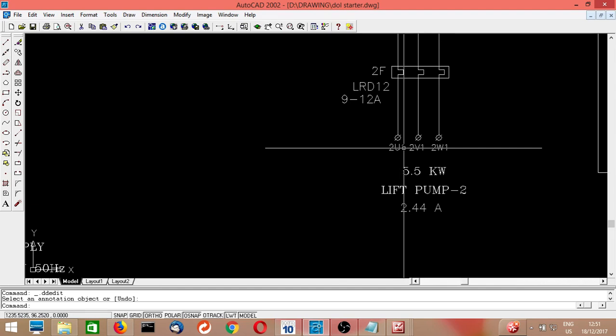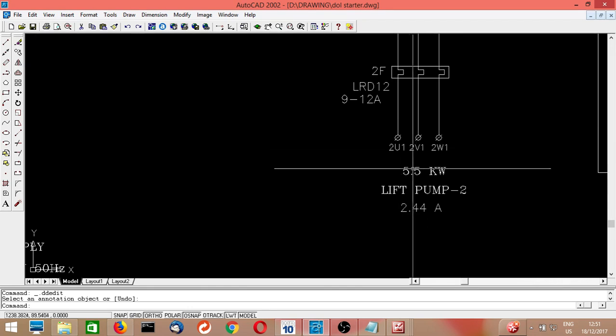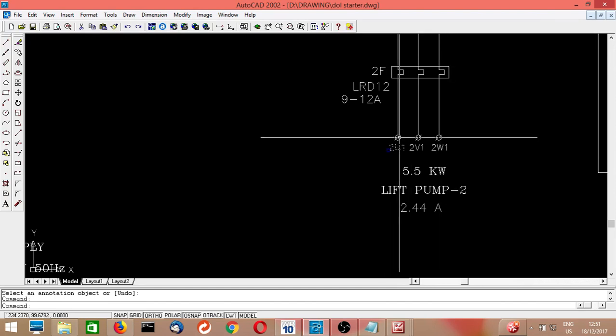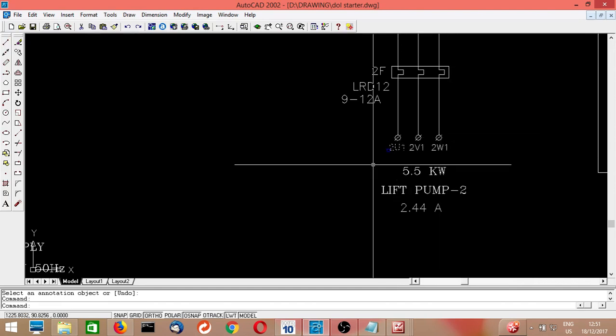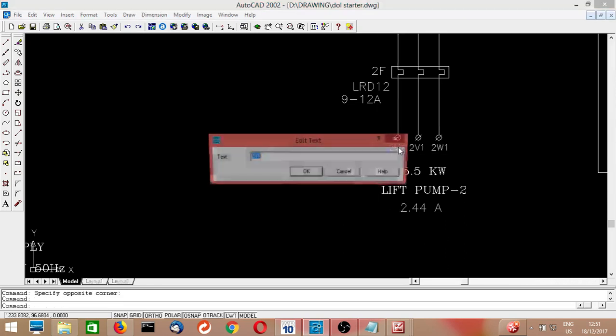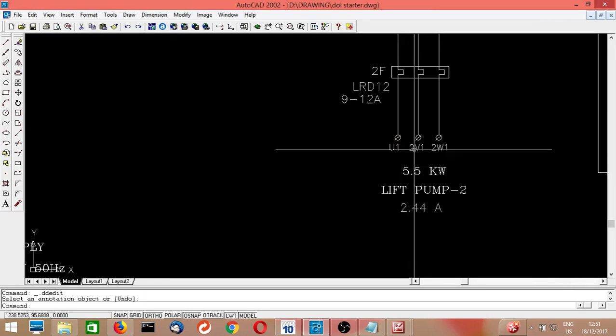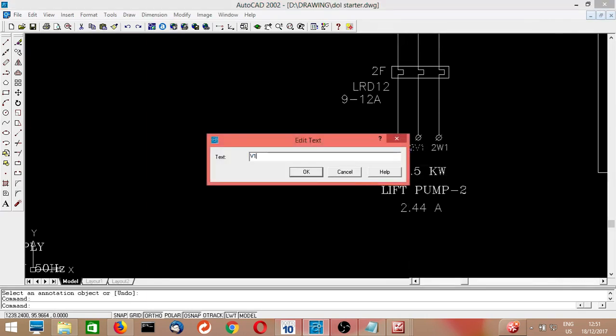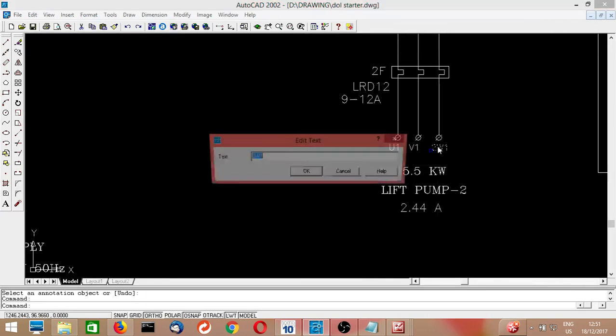Three wires will go from this panel and connect to U1, V1, W1. Those points will be available in the motor, and you can connect there U1, V1, and W1.